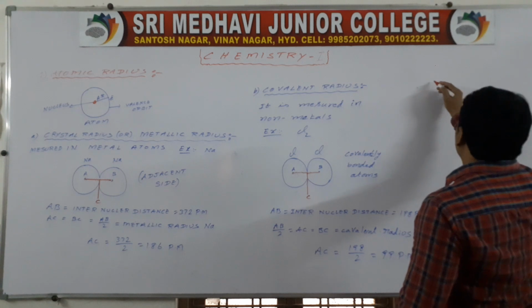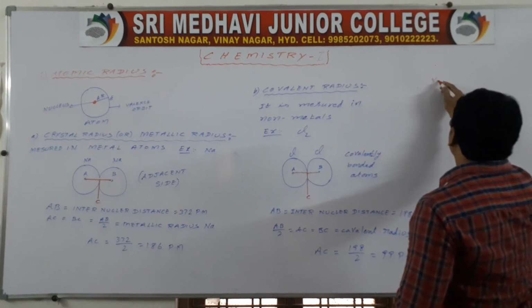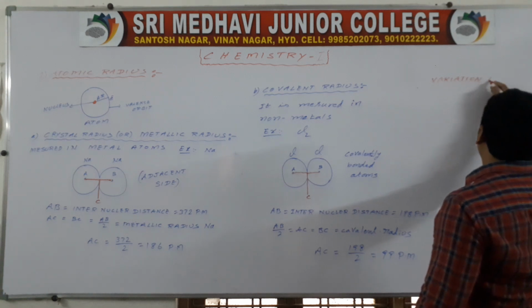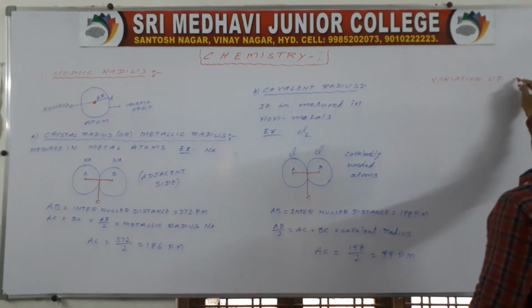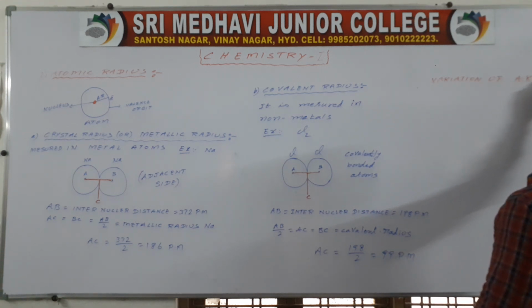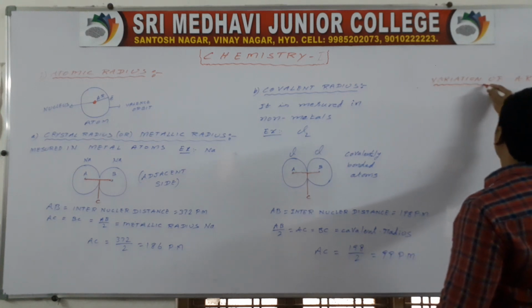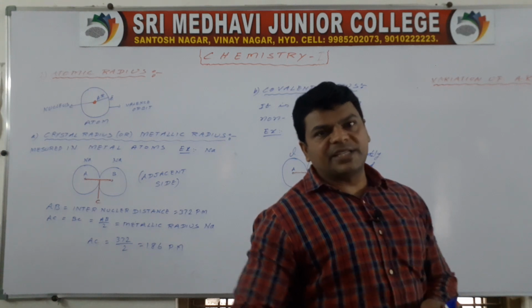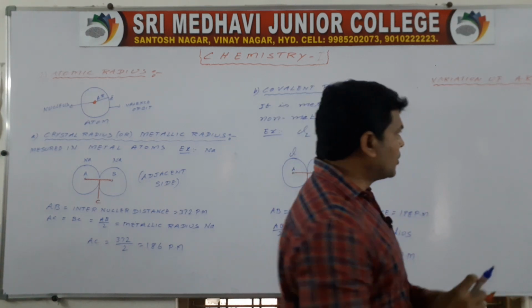Next, variation of atomic radius. Variation means a change: how atomic radius changes in a period and a group.